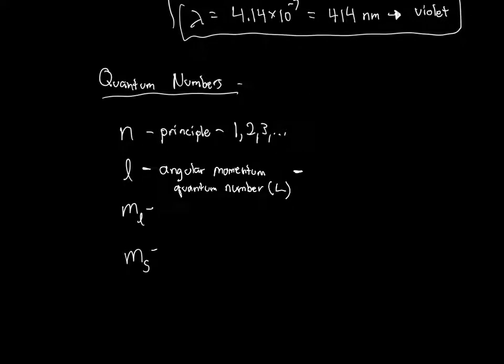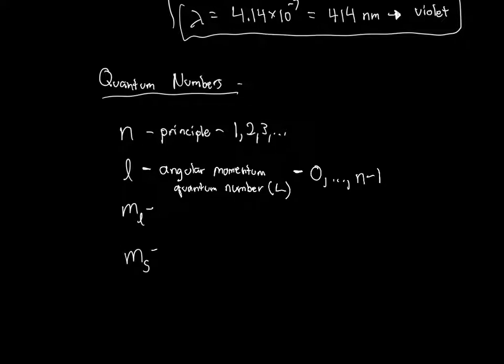And what is that value? Where does it start? There's some rules. Where does the angular momentum quantum number start? It starts at 0. And what does it go up to? All the way up to n minus 1. So the angular momentum quantum number is determined by whatever your principal quantum number is.